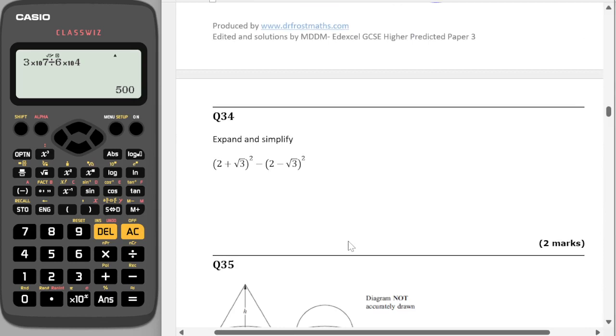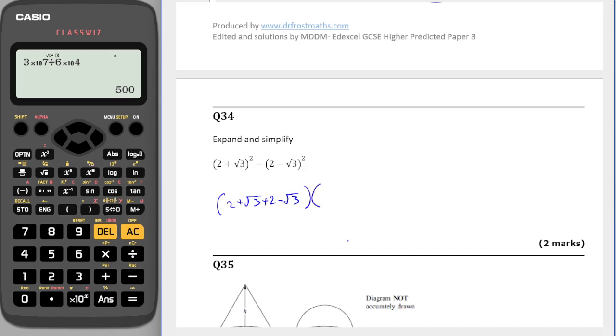Okay, expand and simplify. So I've actually got a difference of 2 squares here. So difference of 2 squares would become, add them together: 2 plus root 3 plus 2 minus root 3, times by, and then subtract them from each other.